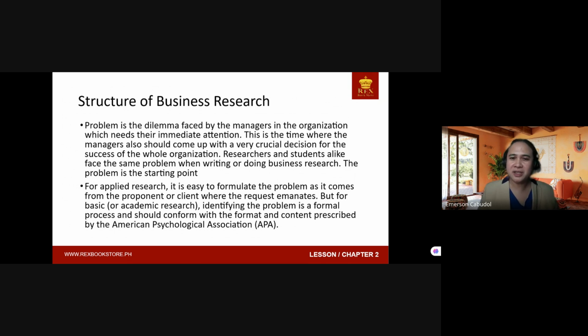Effective dilemma management involves systematically addressing the problem, understanding its various aspects, and fostering an environment where mistakes are seen as opportunities for growth.